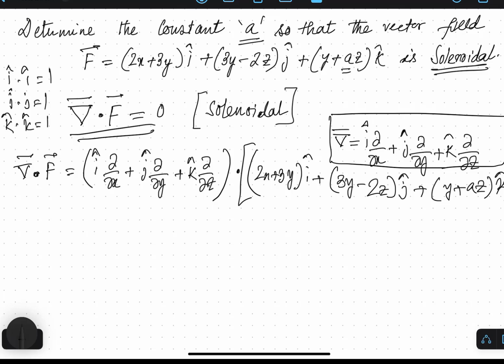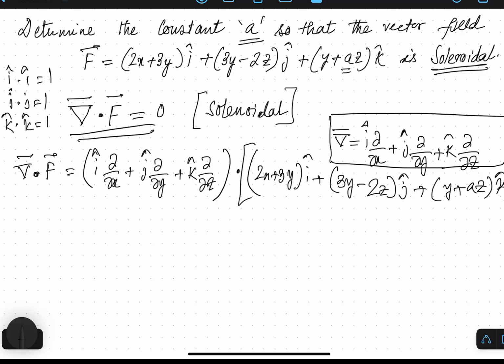But i dot j, j dot k, or i dot k, when these two unit vectors are perpendicular, the dot product should be 0. Because same vectors are in the same direction, their dot product is 1. By the definition of the dot product, we have cos 0 because they are along the same line, which means 1. This is from your class 11 concept.